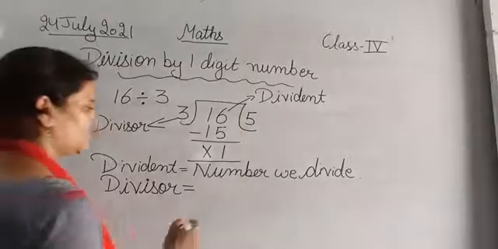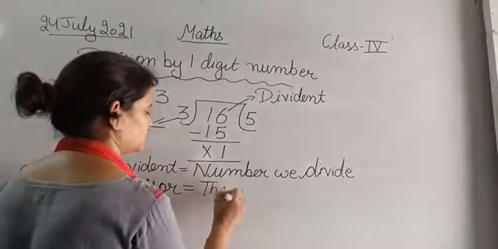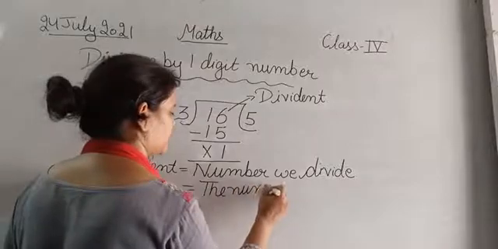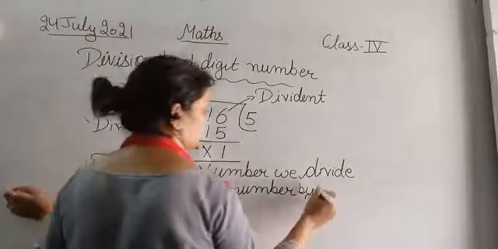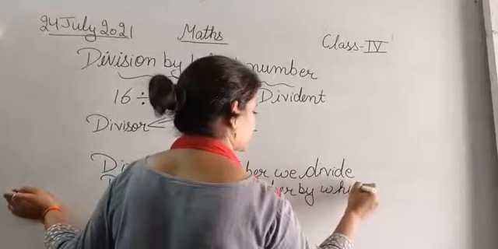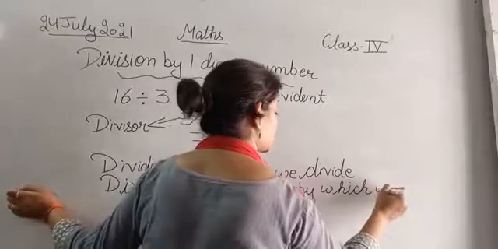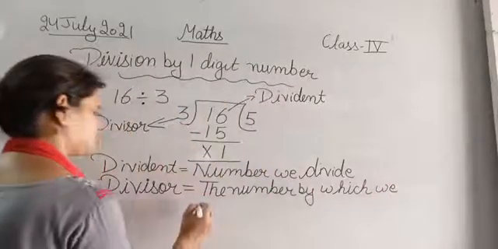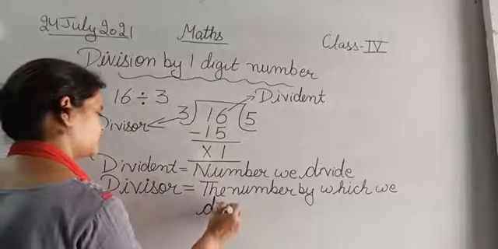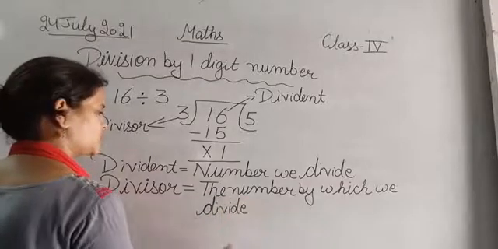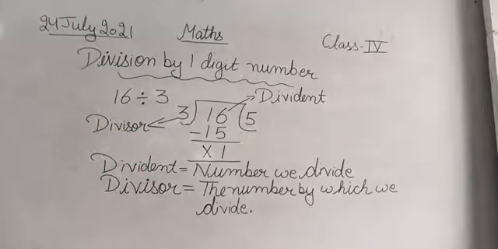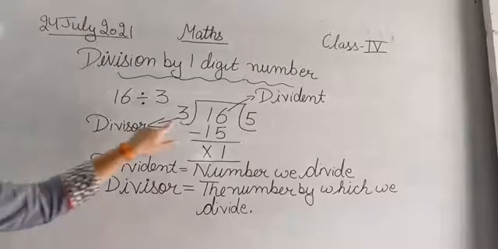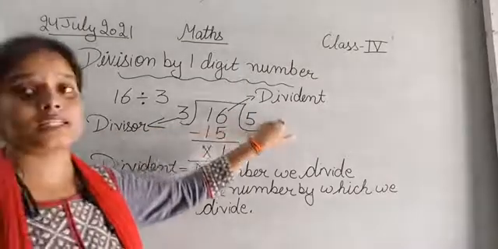The number by which we divide is called the divisor. So the number by which we divide, that is known as the divisor. So 3 is the divisor, 16 is the dividend.